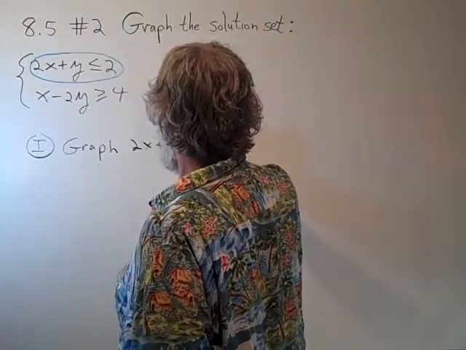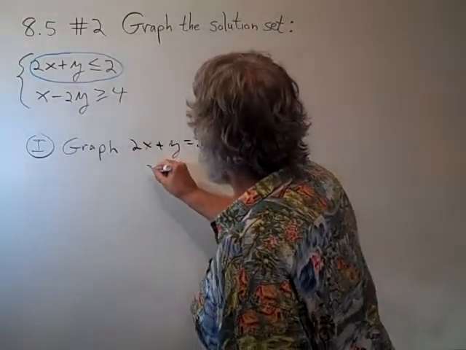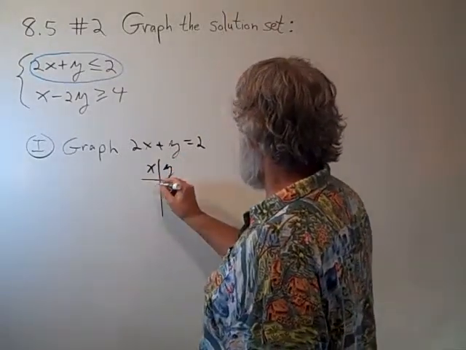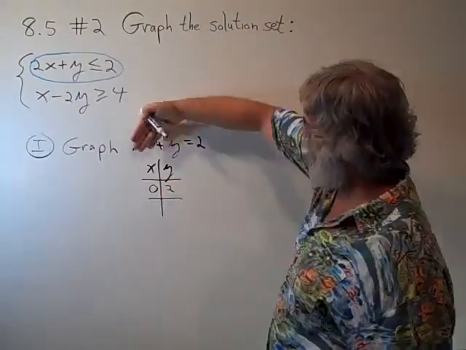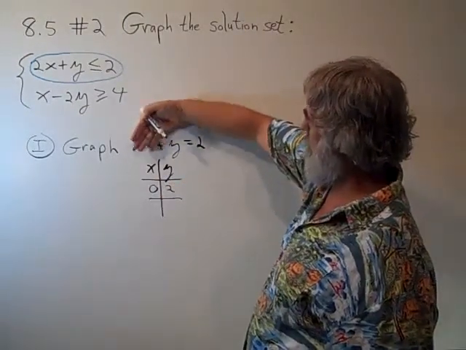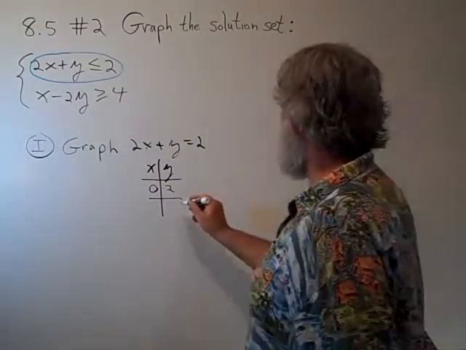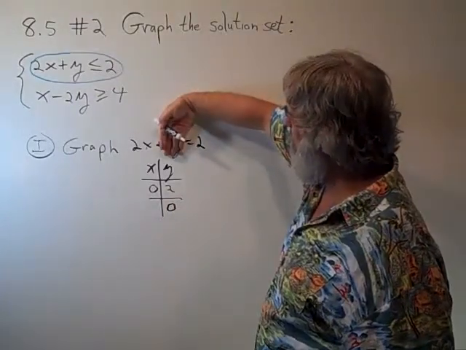2x plus y equals 2. And we need 2 points on the line in order to graph it. And if x is 0, then y is 2, because y equals 2. X is 0, the first term vanishes. And if y is 0, then x is 1, because 2 times 1 is 2.